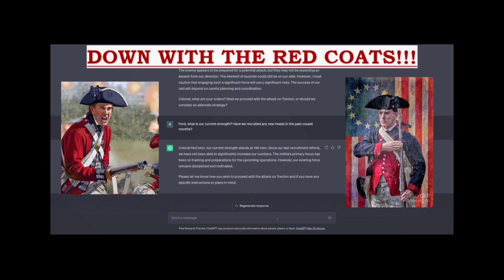Our existing force remains disciplined and motivated. Provide me with landscape and patrol details to the best of your knowledge around our current staging area and the closest area of Trenton. We should be positioned to the northeast of the town.